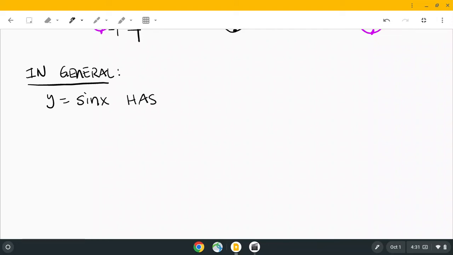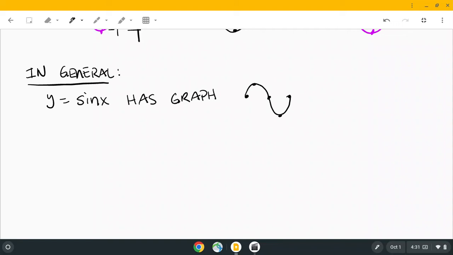Okay, so in general, y equals sine x has a graph that looks like this. Okay, and these are kind of like the 5 basic points of the sine graph that you kind of have to remember.